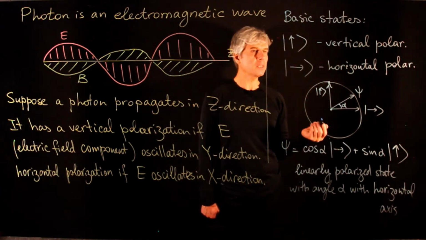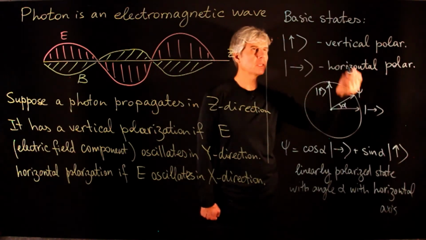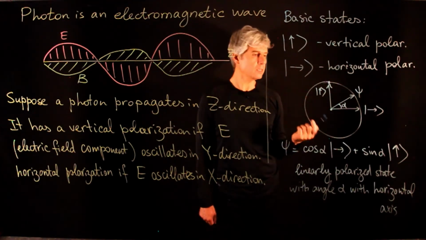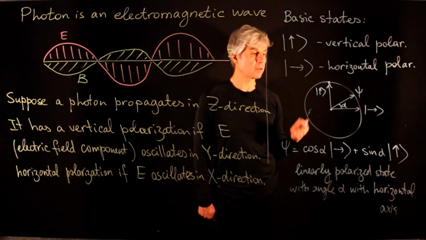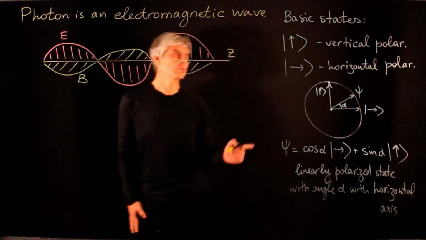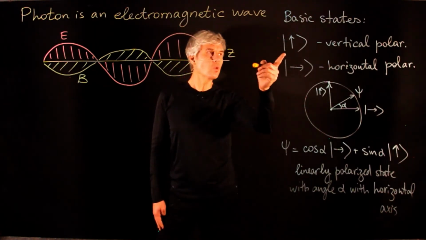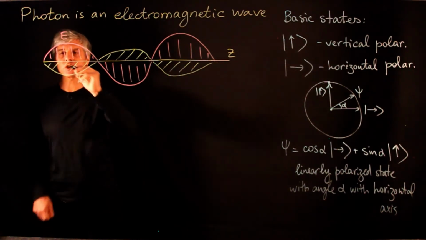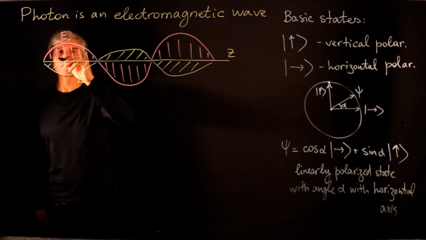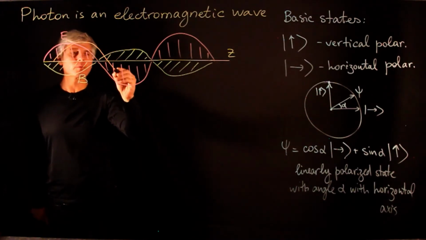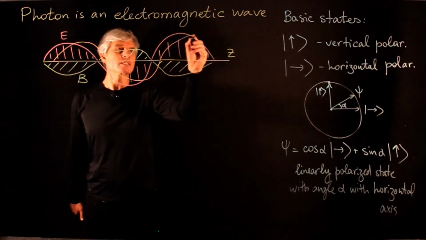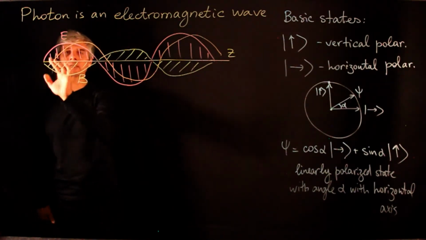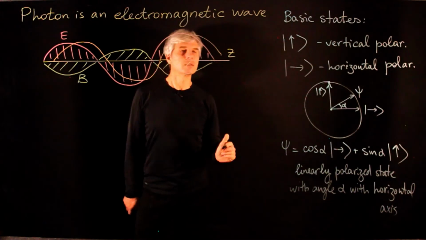Now, are these all the polarization states of a photon? It turns out that the answer to this question is negative, there are more states than this. We can create even more vertically polarized states by considering phase shifts. We could have another wave that is also vertically polarized, but its phase is out of sync with this one, right?